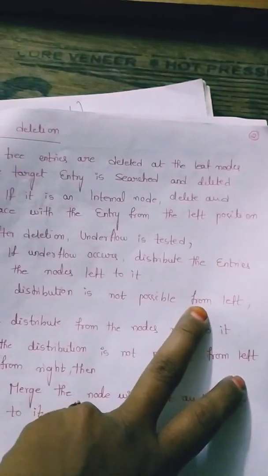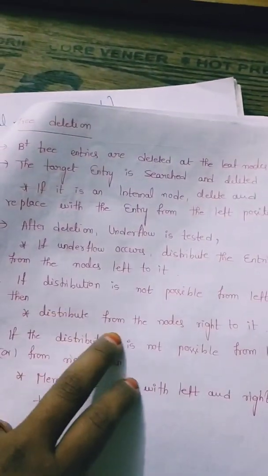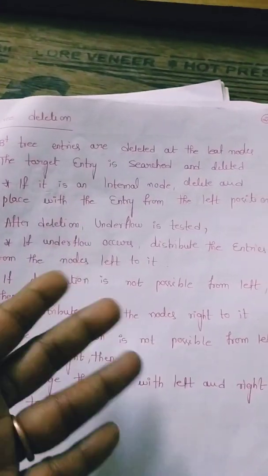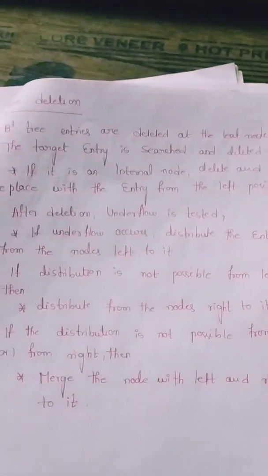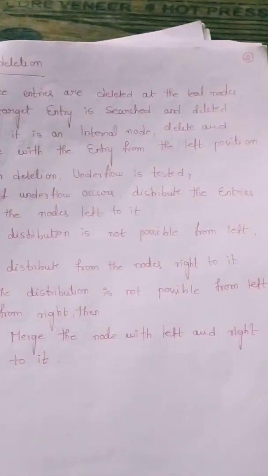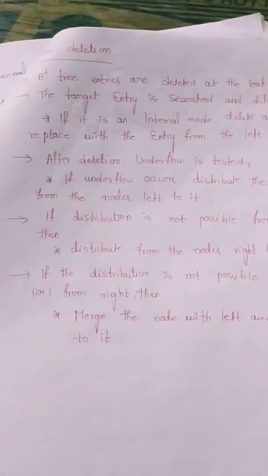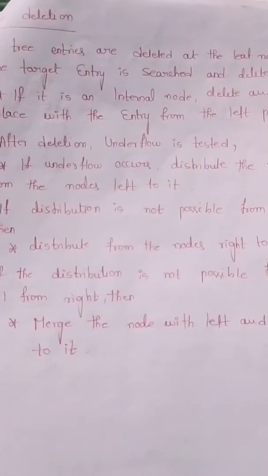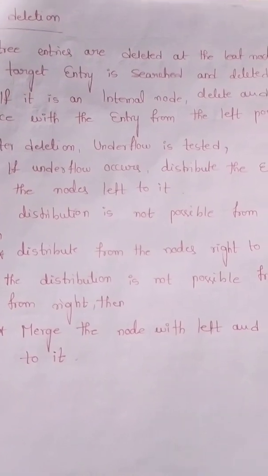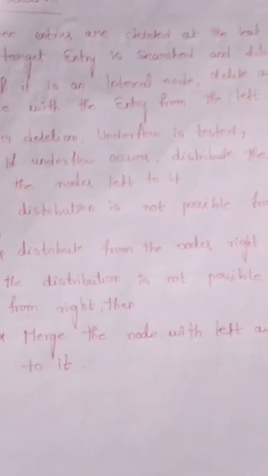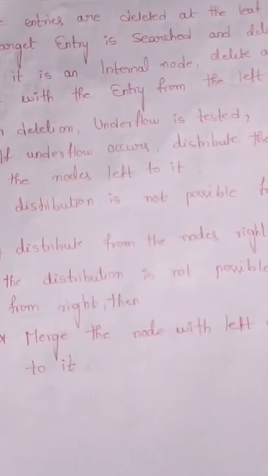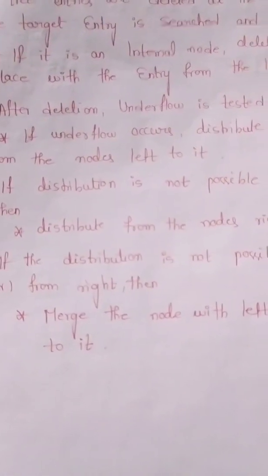If distribution is not possible from the nodes to the left, then distribute from the nodes to the right. If distribution is not possible from either left or right, then we have to merge the node with the left or right one. Already these types of examples were shown in B tree deletion as well as insertion, so we should follow that in the deletion of internal nodes, or whenever underflow occurs.